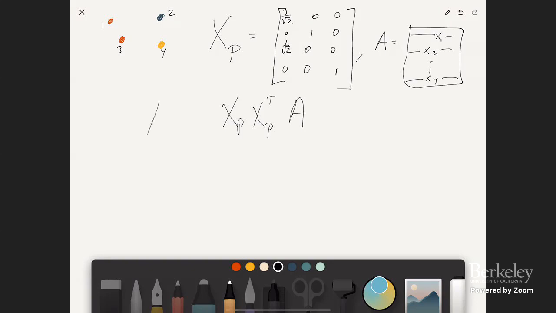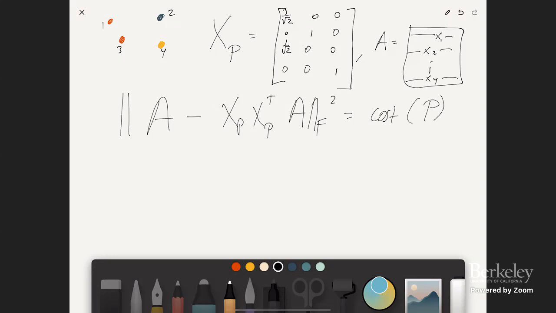So then A minus X_P X_P transpose A, each row of that is the original point minus the centroid of its partition. So it's exactly the difference vector between that xi and the corresponding yj for its partition. So the Frobenius norm squared of this matrix is just equal to the cost of the partition.